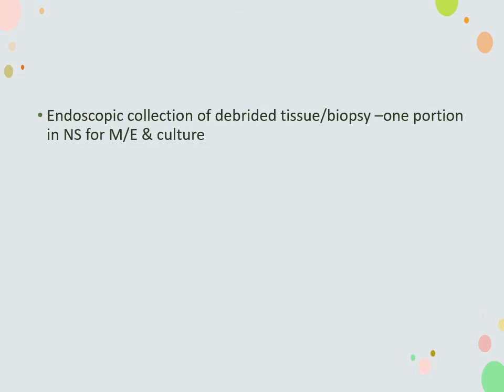Then when we are talking about the tissue section, that is the biopsy, for that we do endoscopic collection of the debrided tissue. Whichever tissue is involved has to be taken.